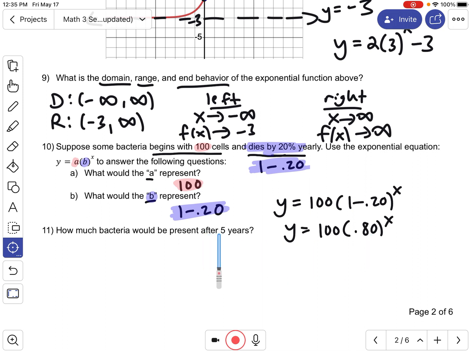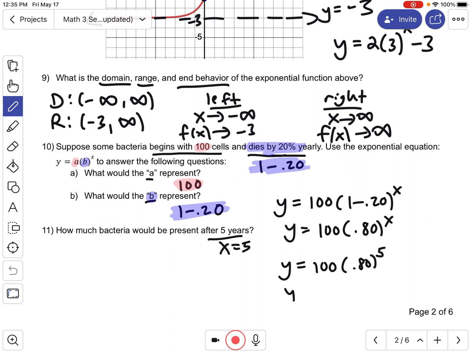And so to figure out how much would be present in 5 years, that would be plugging 5 into the x, because x is the number of years. So if I were to rewrite this and replace the x with 5, I'd end up doing PEMDAS at 0.80 raised to the 5th power. Let's see what that is.